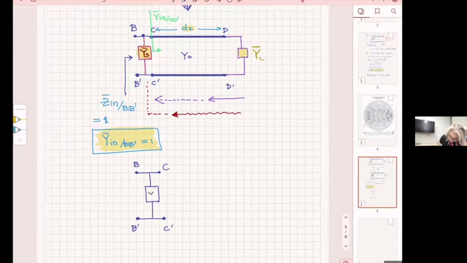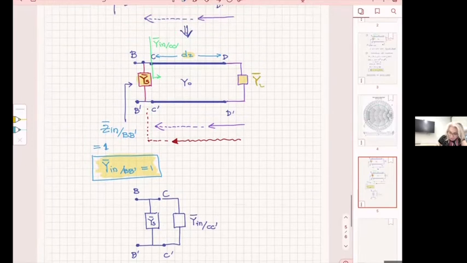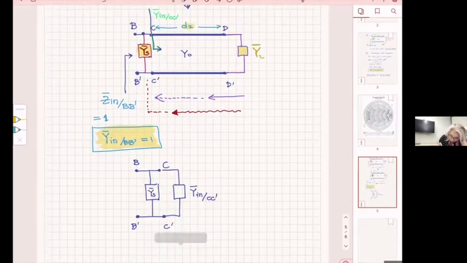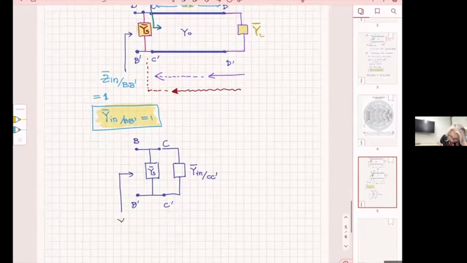And I will put it normalized since we are on the Smith chart. Here is the equivalent of Y input at CC prime, what practically I see here. And here, my input is going to be Y input at BB prime from here. So that's how it looks.